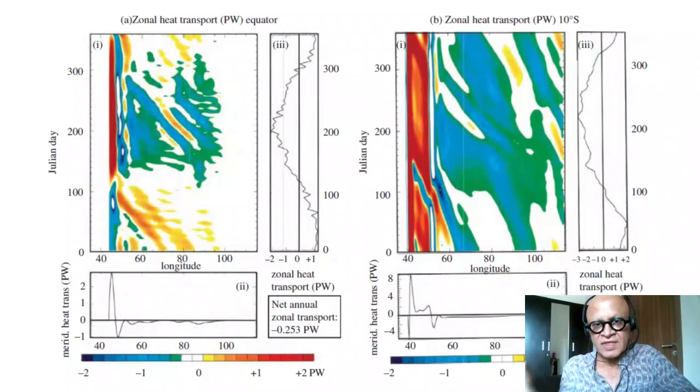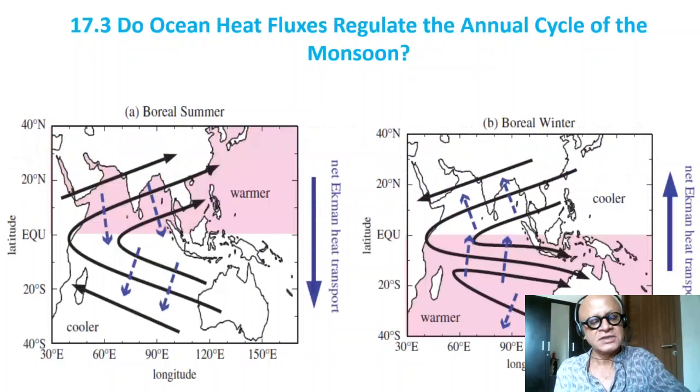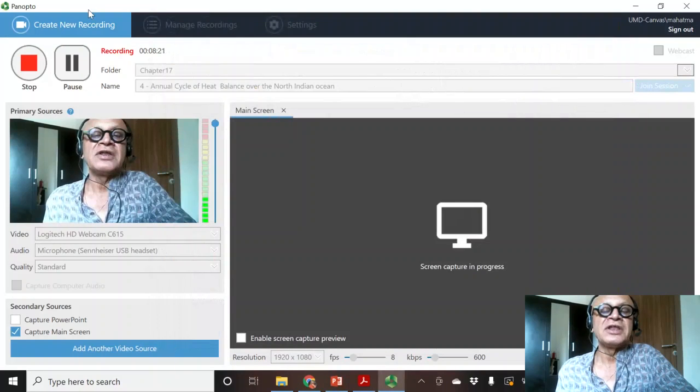So the zonal variability of the heat transports matters as well. Okay, so we will remember those and try to see what they mean for the coupled monsoon dynamics that we are interested in.